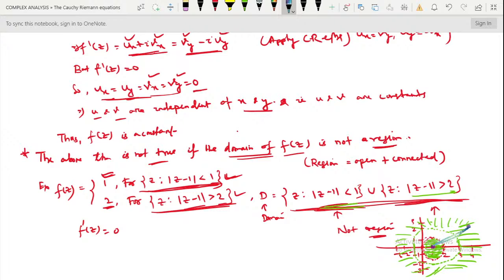The theorem is not true if the domain of f of z is not a region. If f dash z equals 0 on a region, then f is constant, but if the domain is not a region, f dash z equal to 0 does not imply that f of z is constant. That was my aim. So now comes another problem.